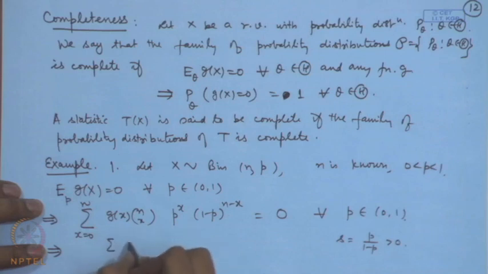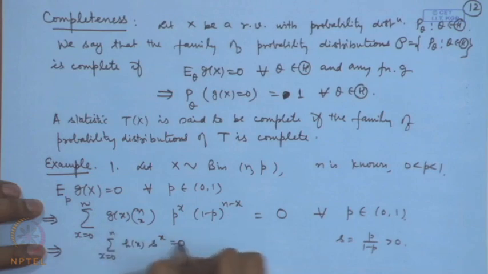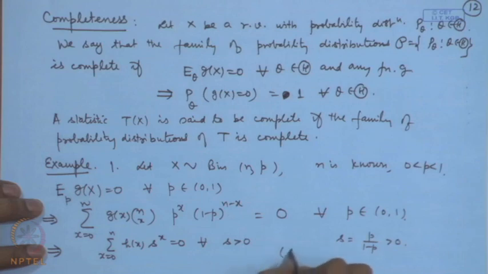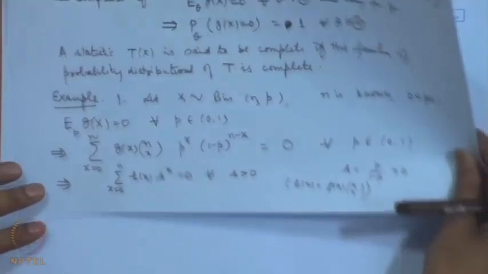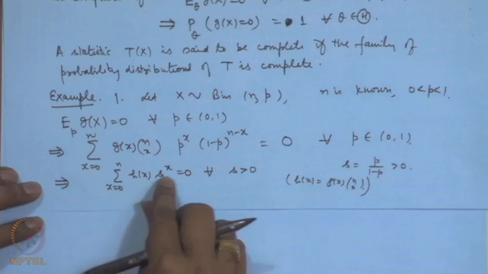So, we can say the sum of h(x) s^x, x equal to 0 to n, is equal to 0 for all s greater than 0, where h(x) is nothing but the function g(x) times nCx.